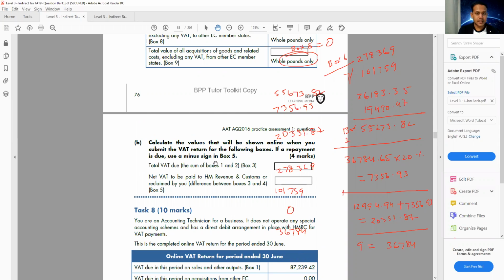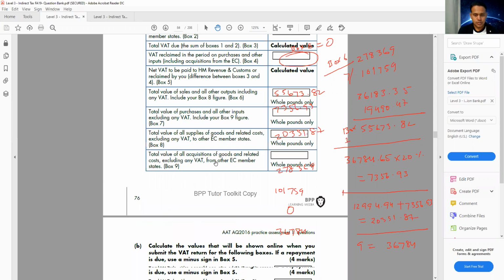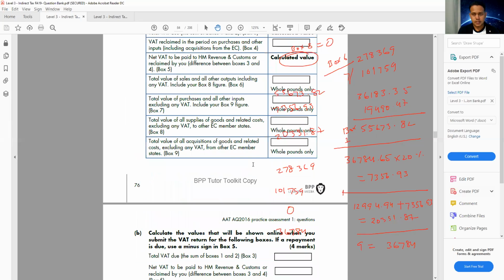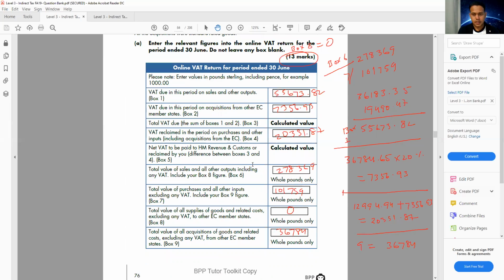So basically, they're asking about the boxes we have done here, box 3 and box 5. Box 3 is all about this plus this, so if we add these two, it will give you the figure for box 3.